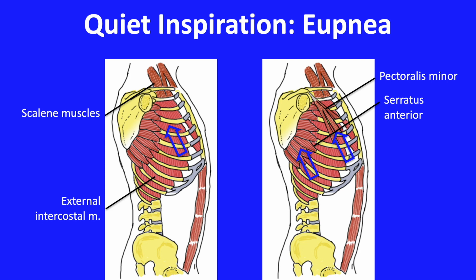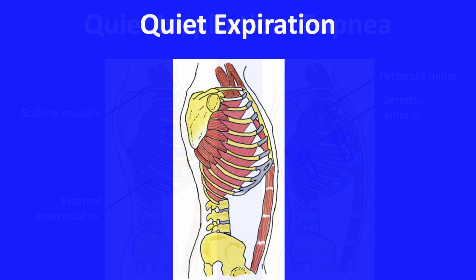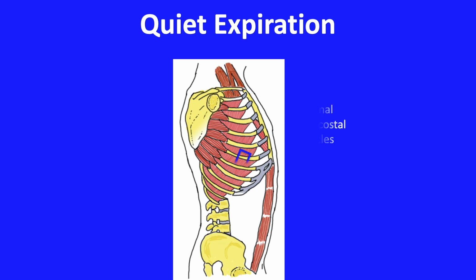However, this too would be considered eupnea, that is, quiet inspiration. And, as before, quiet expiration is accomplished either by the passive recoil of the lung and or the action of the intercostal muscles depressing the ribs.